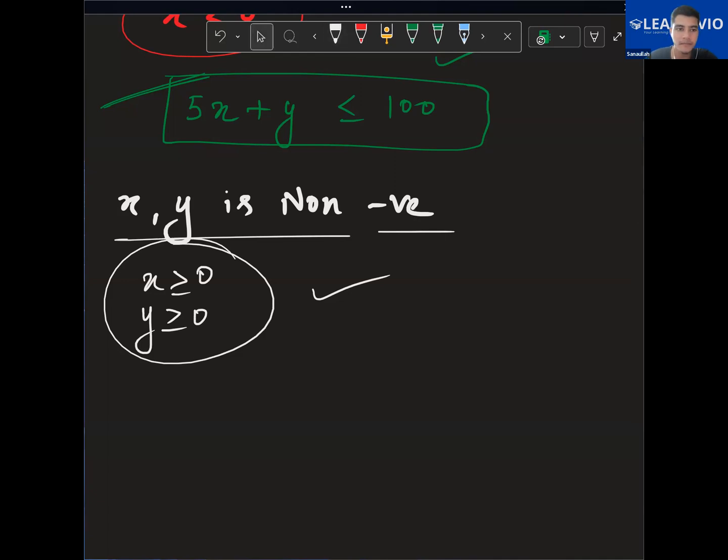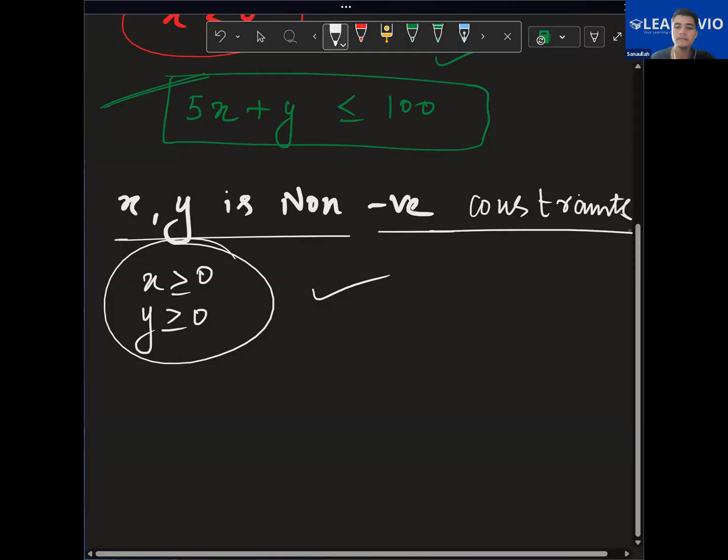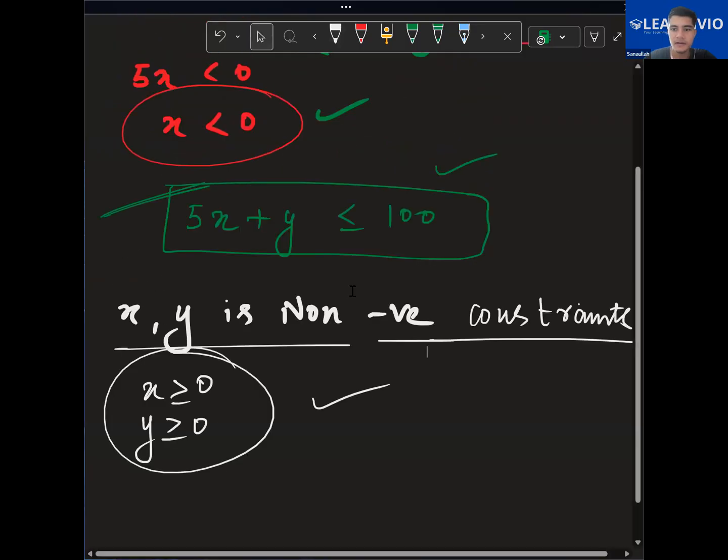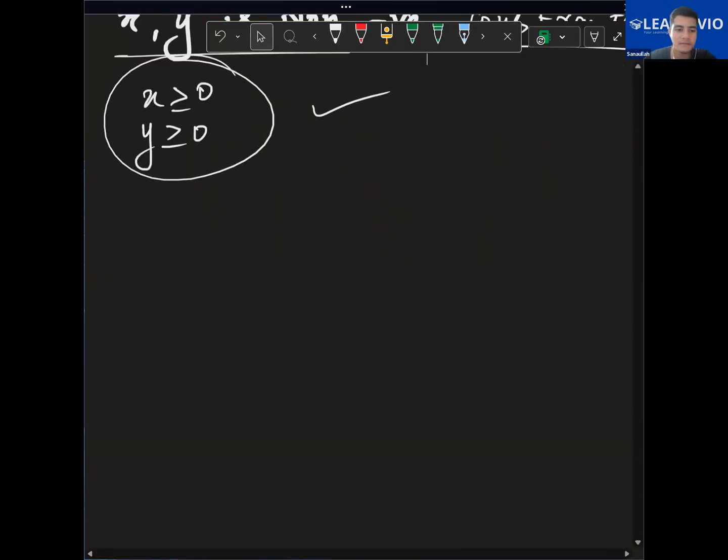So that is a non-negative constraint. This is also known as non-negative constraints. All right, so this is some basic of this chapter, है ना, ये आपको पहले से पता होगा.